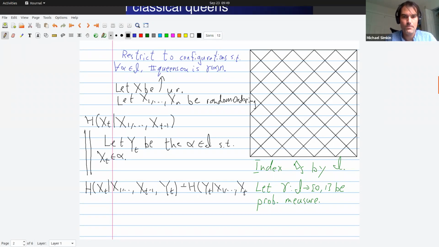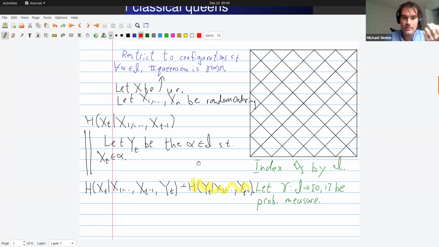Now, regarding this term over here, what this is telling me is I've chosen a random queens configuration whose spatial distribution matches this gamma, and yt is telling me in which diamond basically a random queen from this distribution is located.